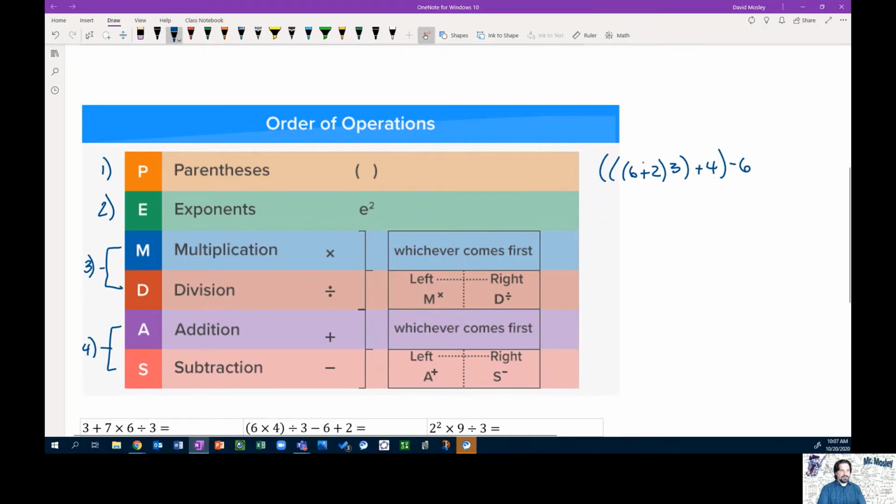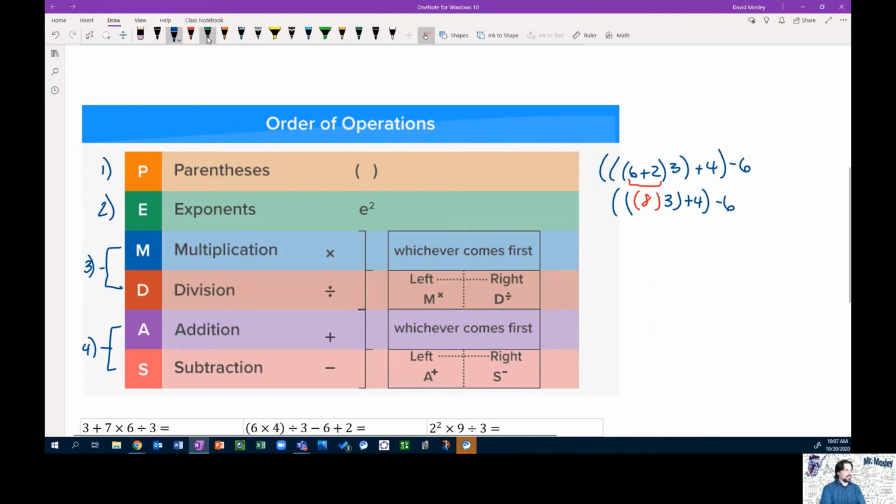We start with the 6 plus 2. This will be step 1 within the parentheses. This is the first set of parentheses we take care of. That will be 8. And then we'd have 3 plus 4 minus 6. Then we take care of the 8 times 3.